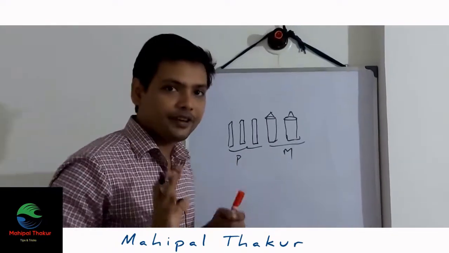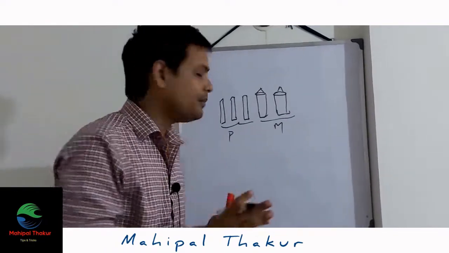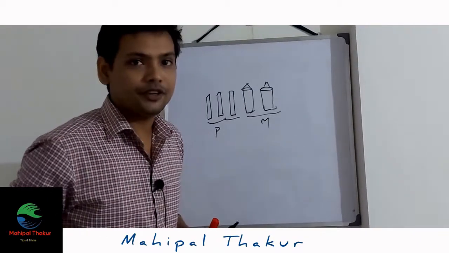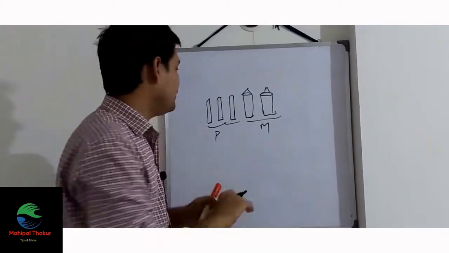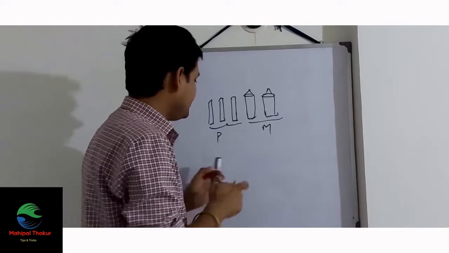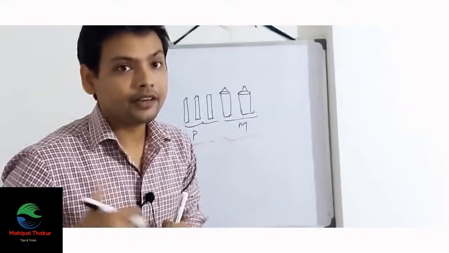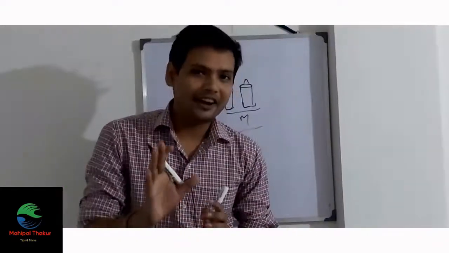In how many ways can you pick one item from these 5? Understand the question well. In how many ways can you pick one item from 3 pens and 2 markers? So, in how many ways do you think you can do this? Pause the video and try it yourself.